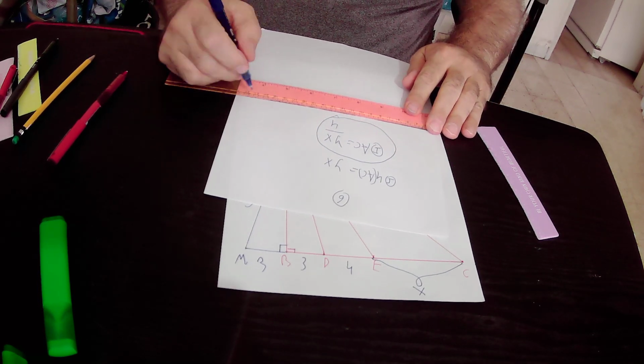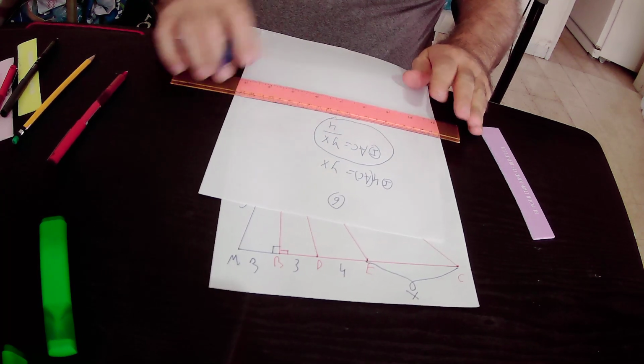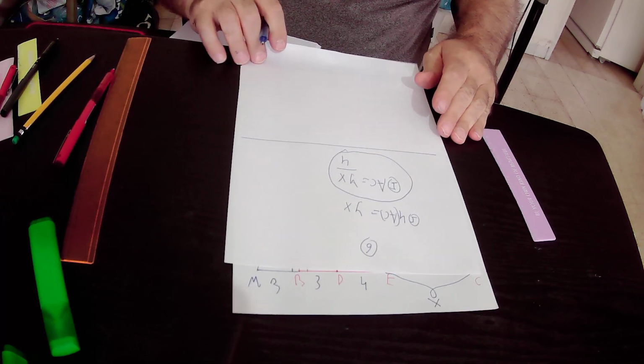According to equation number 1, AC equals Y times X over 4.